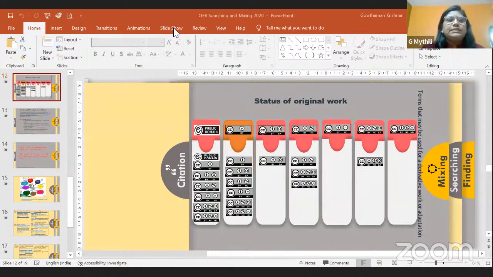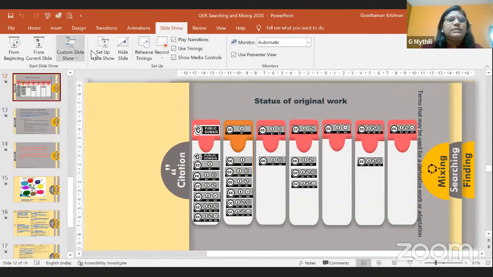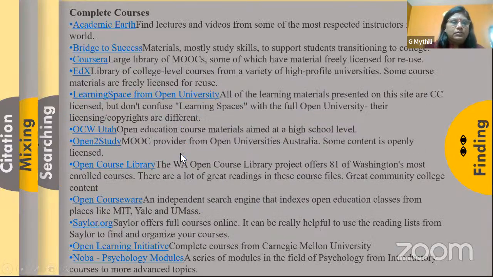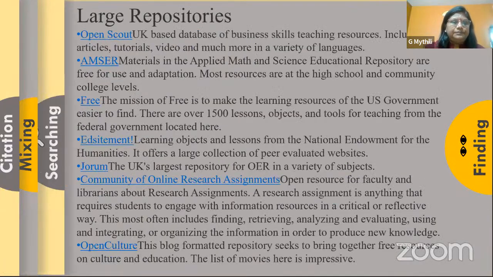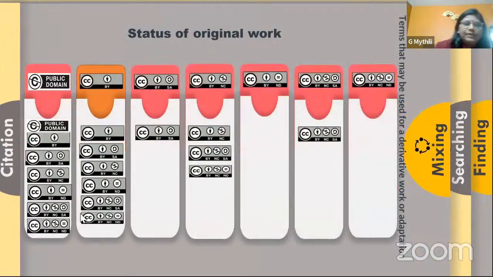So in this presentation yesterday also we discussed this one. 1 minute, I'll open this. So this is the slide we saw yesterday, where we discussed how the different licensing we can mix with other licensing.